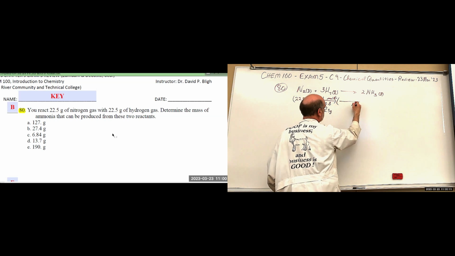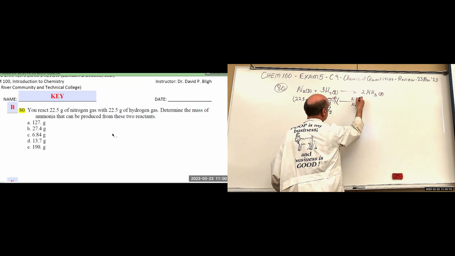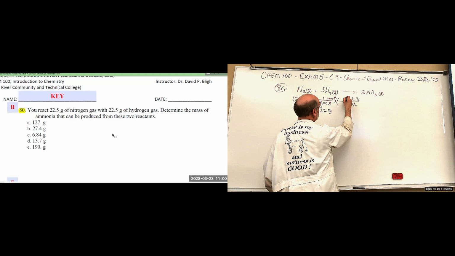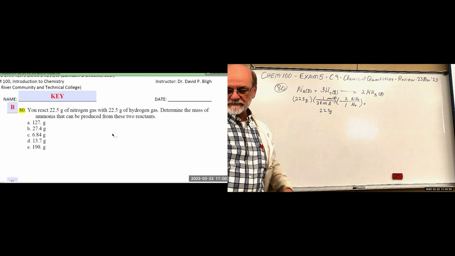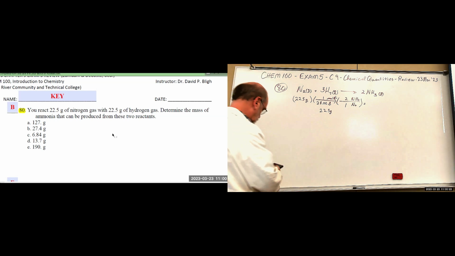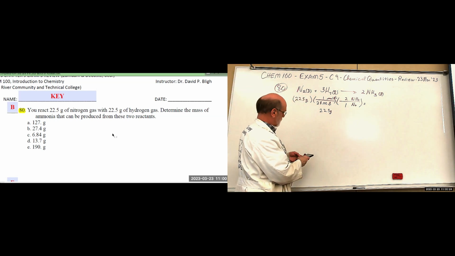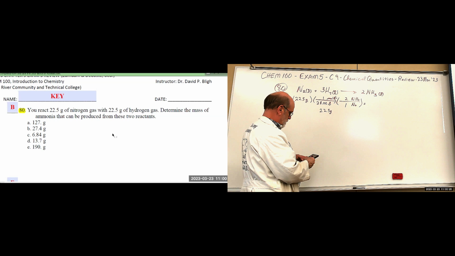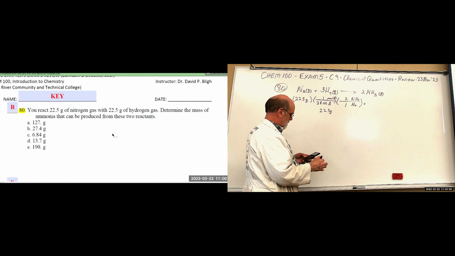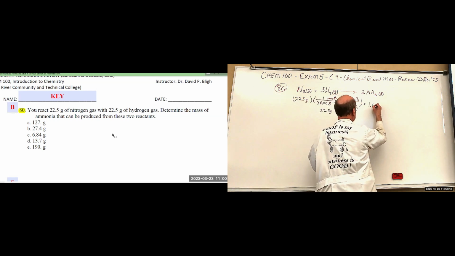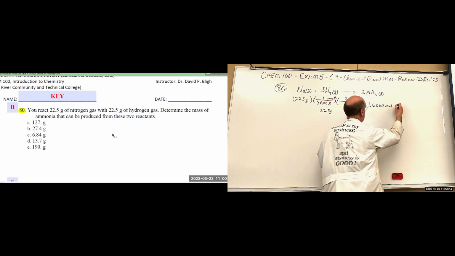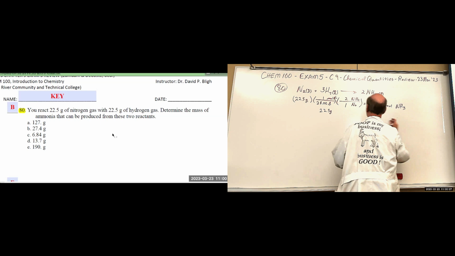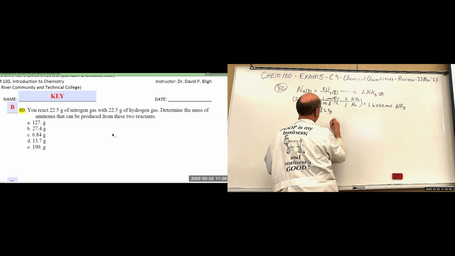So I want to convert N2 to NH3. So we've got 1 here and a 2 there. So I'm going to do it all in one calculation. 22.5 divided by 28.02 times 2 is 1.6060 moles of NH3 could be produced from that much.